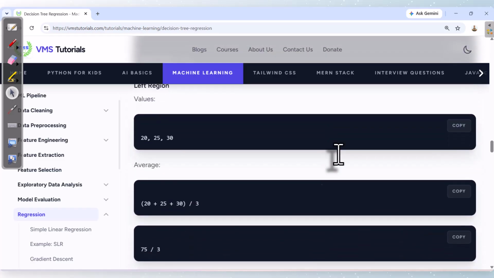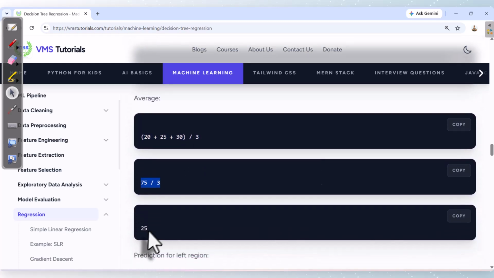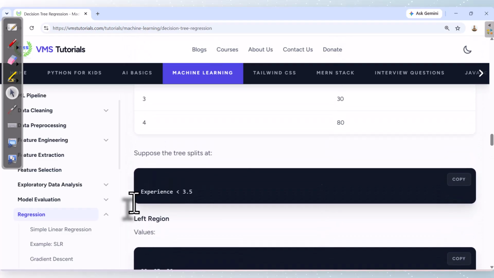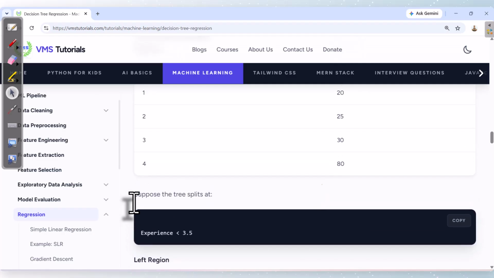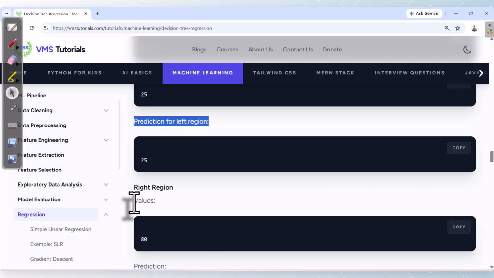The average is 20 plus 25 plus 30 divided by 3, that is 75 by 3, so you get an average of 25. So the prediction for the left region is 25.